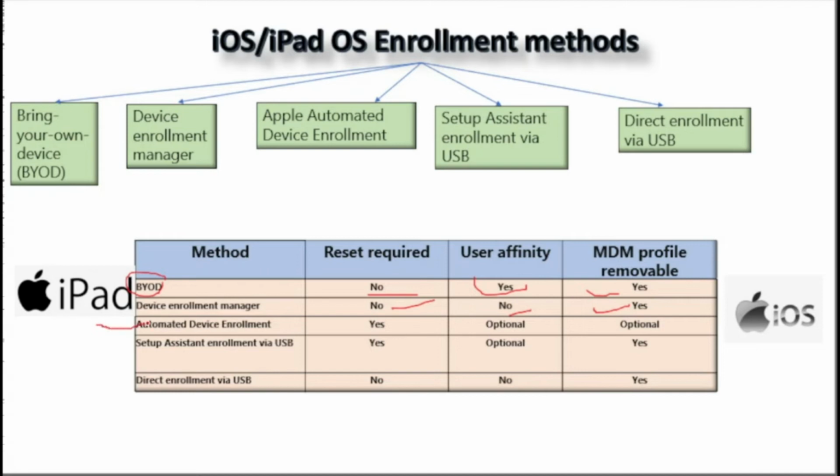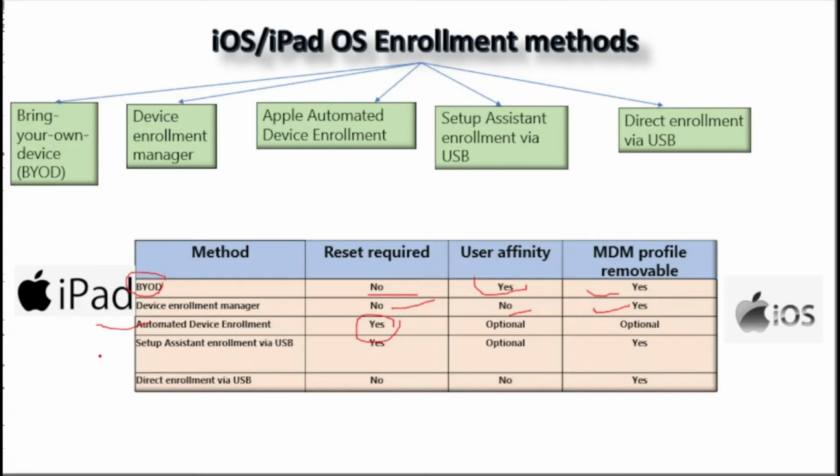In case of automated device enrollment, reset is required and then user affinity and MDM profile can be configured to allow user to remove their MDM profile or deny it.